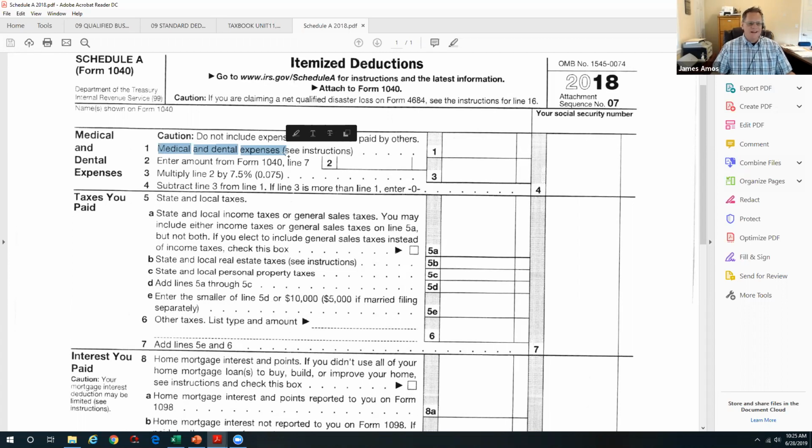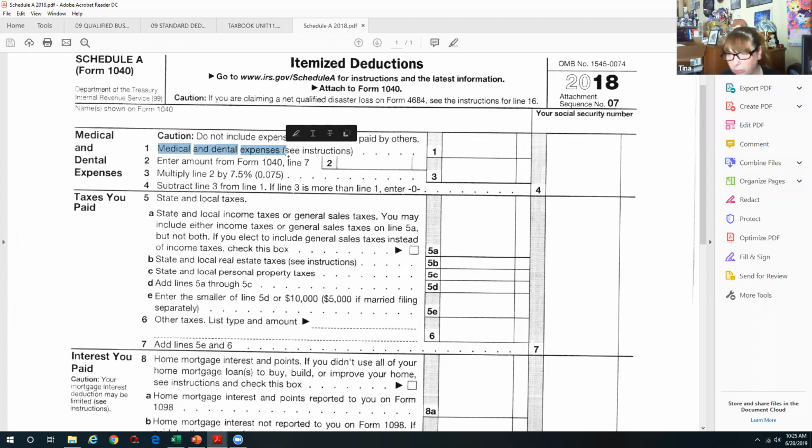What if I have a child who I paid medical expenses for? Let me back up. Let's say I incurred the expense in 2017, and I claimed her on my tax return in 2017, but I did not pay it until 2018, and when I do my 2018 tax return, she's no longer on my return. Can I still take that expense?